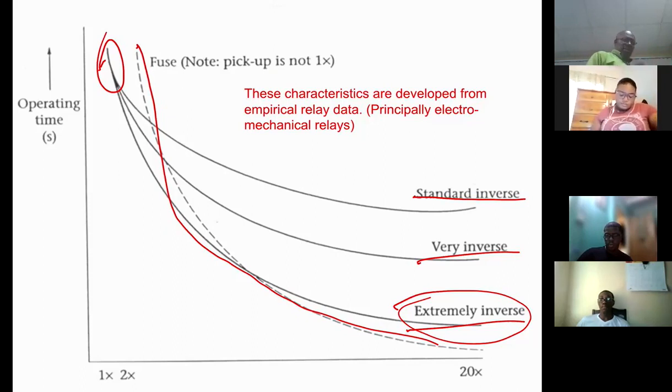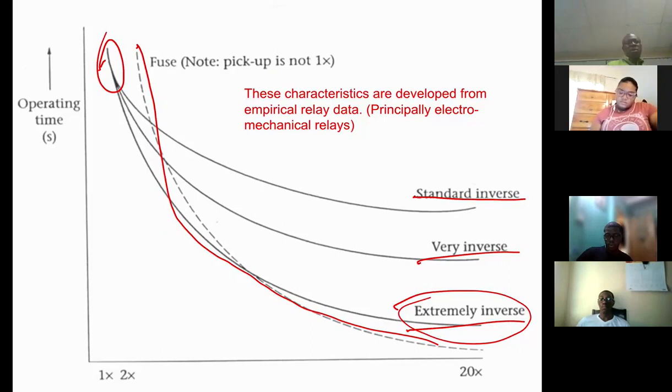So let's just recap what we said so far. One, the overcurrent relays: you have them as instantaneous, definite time, and inverse relays. The inverse relays, we refer to them as IDMT, that's your inverse definite minimum time.